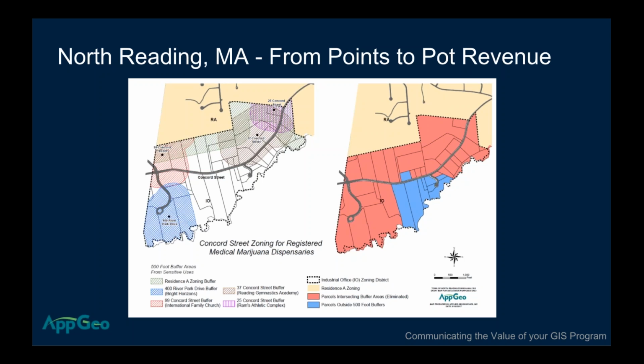So we just did a basic site suitability study to identify where there'd be appropriate medical marijuana parcels that would be within a certain distance or away from given properties, and ultimately had a proposal well in advance of what ultimately seems to be transpiring in Massachusetts, and then could potentially be an early recipient of some revenue.